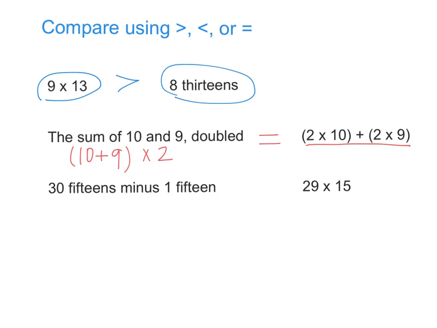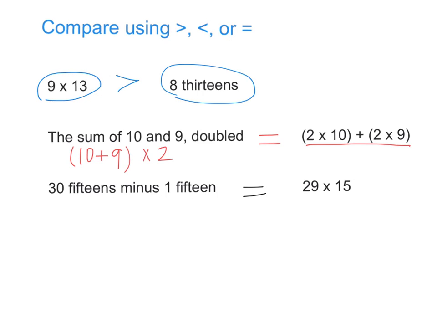Good. Try this one. 30 15s minus 1 15. If I have 30 15s and I take away one of those 15s, how many 15s do I have left? 29. And on the right-hand side, I have 29 times 15. How do those two math equations compare? Is one greater than, less than, or equal to the other one? They're equal. How do you know?